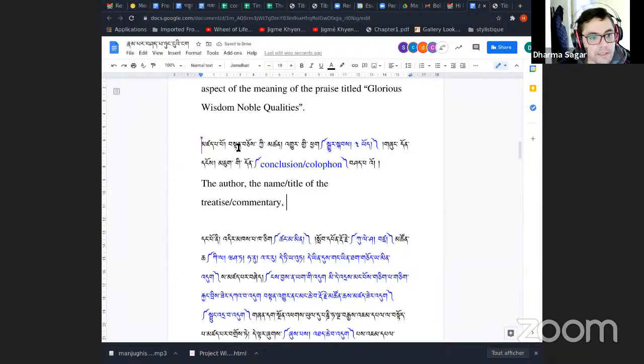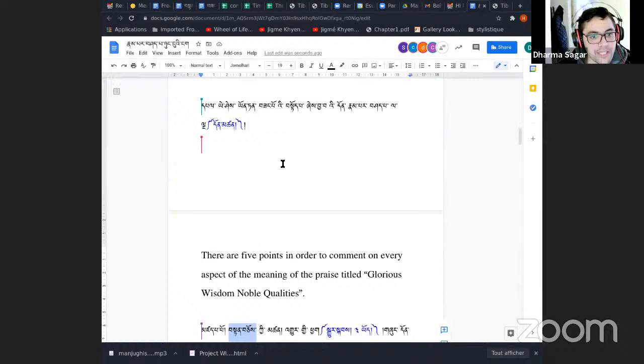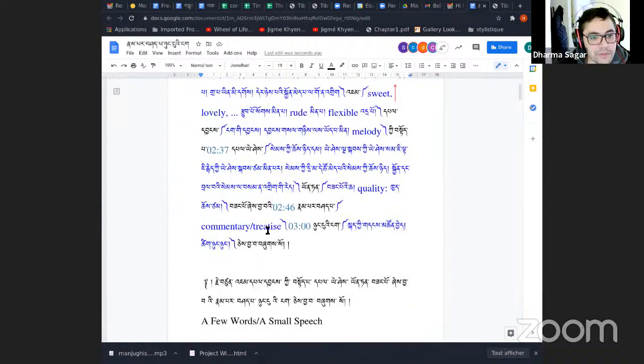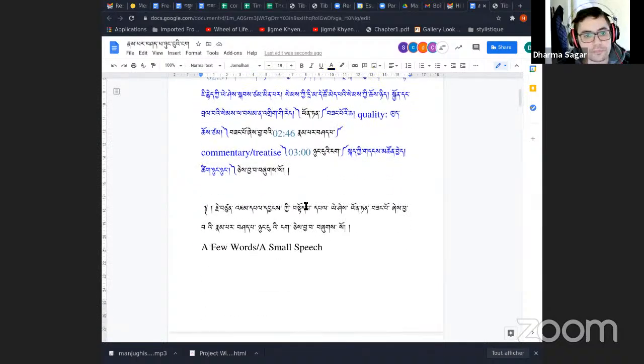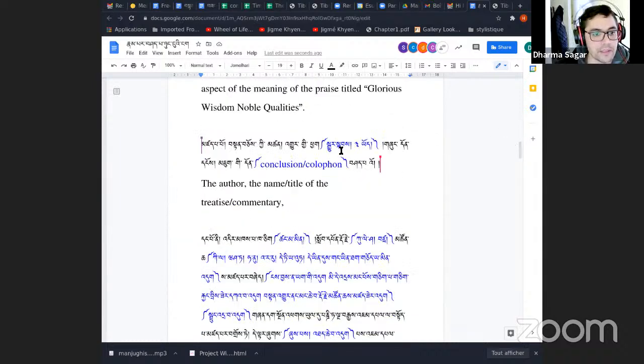Here they used the word Tenju, which is literally like a treatise, and this makes us understand why Campbell was saying treatise for Nambar Shepa. Nambar Shepa, literally, is closer to commentary than a treatise itself, but down here we have treatise.